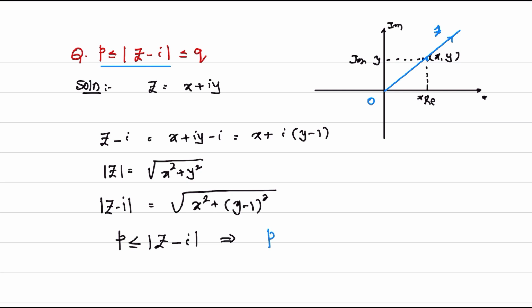That means the real number p is less than or equal to modulus of z minus i, which is square root of x square plus y minus 1 whole square.